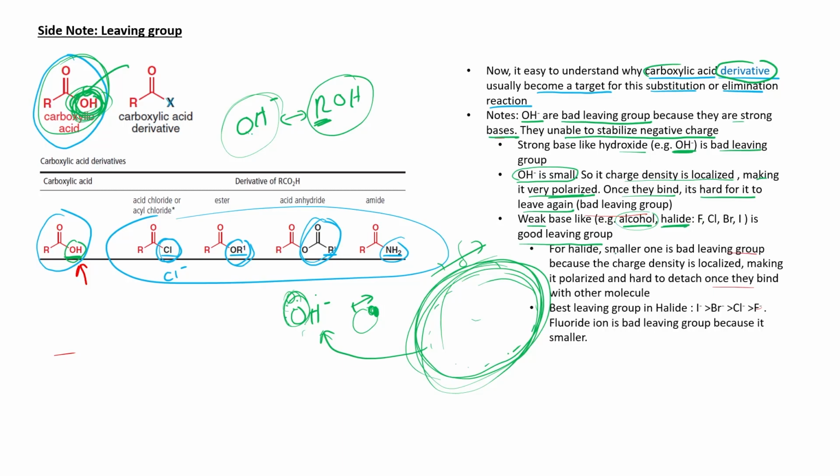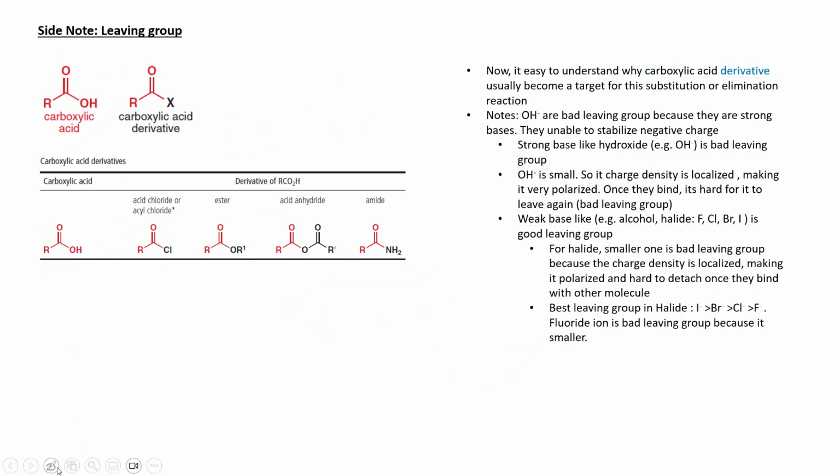So for halide, let me remove the color first. For halide, the smaller one is a bad leaving group because the charge density is localized, like we mentioned before. Halide is the halogen: F, Cl, Br and I. This is smaller, this is bigger. The smaller one we call a bad leaving group.